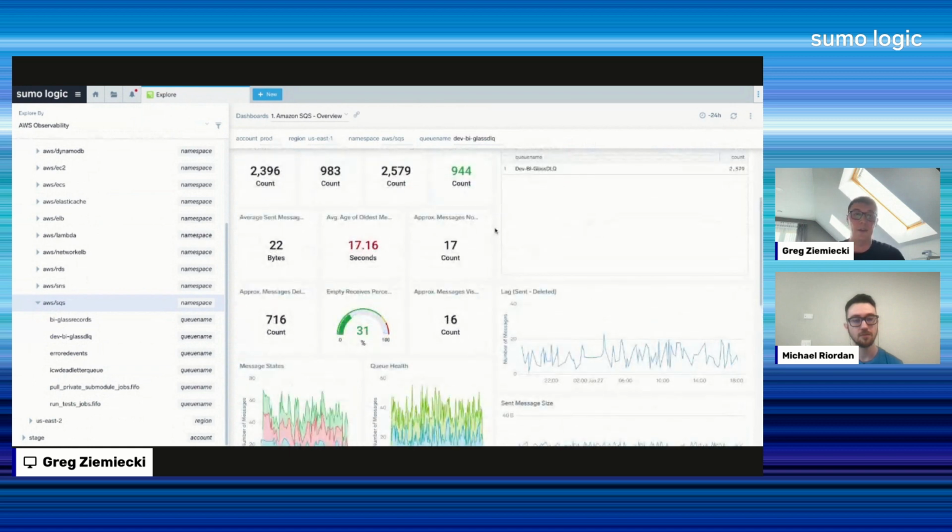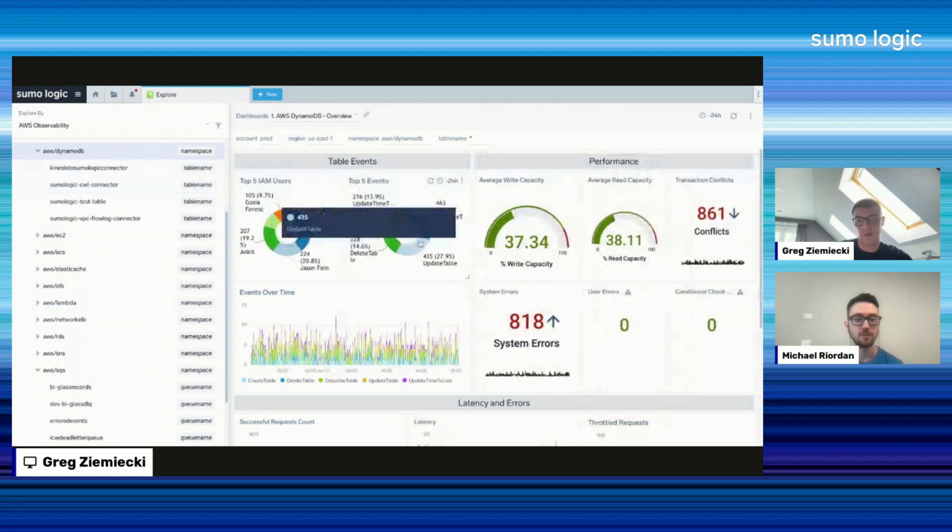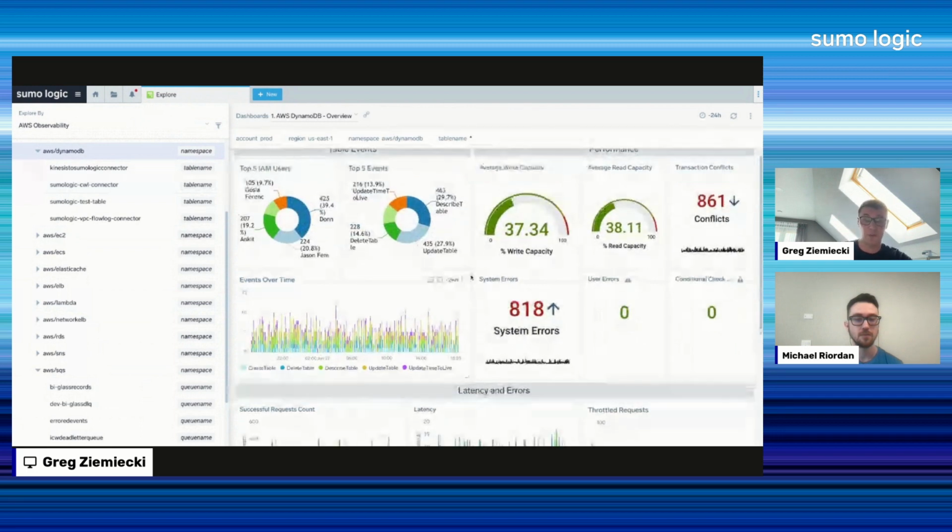So we can directly correlate this cost spike with the person who has, for instance, put so many messages into the queue, because there was apparently some reason. So that's SQS, and there was also DynamoDB. We also have performance and out of the box dashboards for that, right?